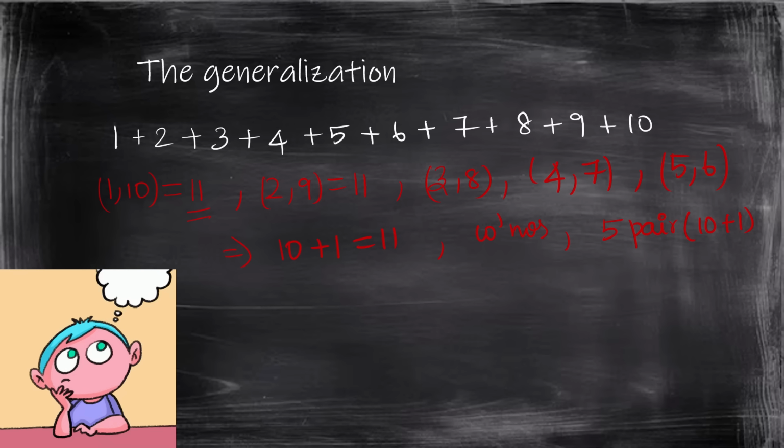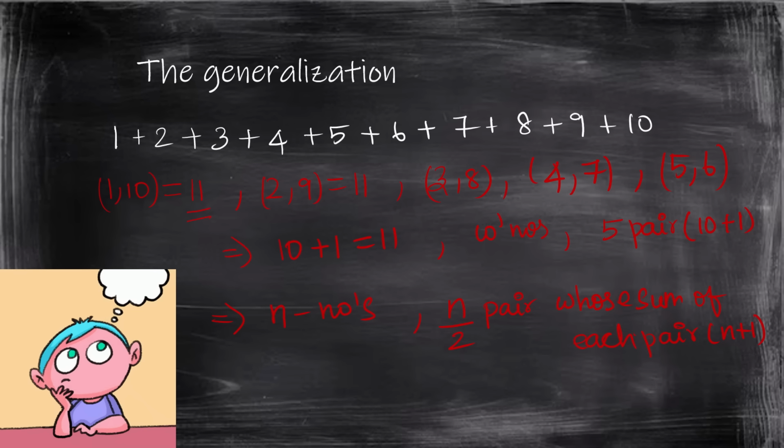So if I have n numbers, I am going to get n by 2 pairs of numbers, and remember, the sum of each pair is n plus 1.